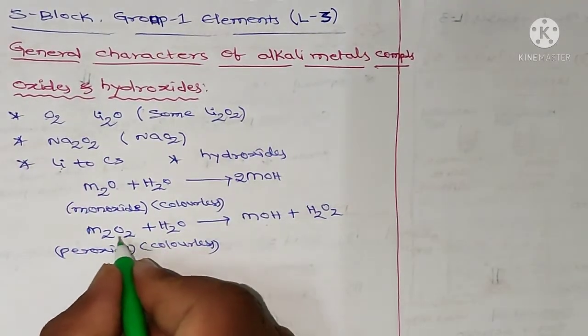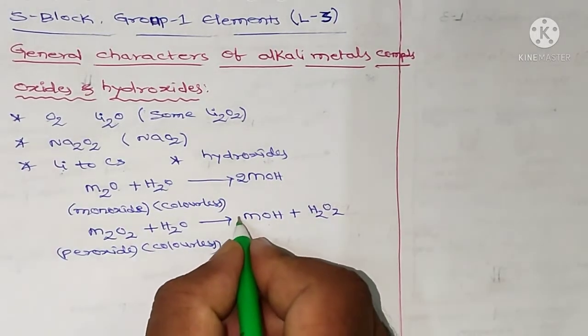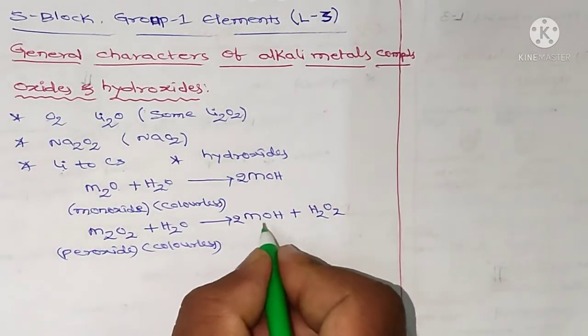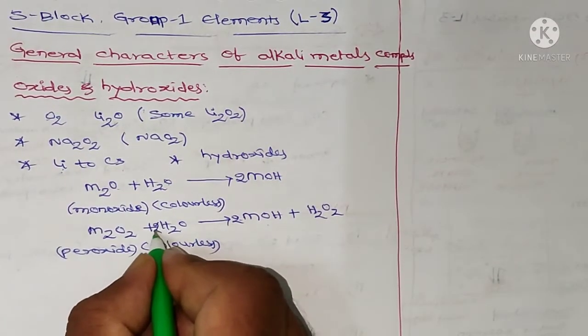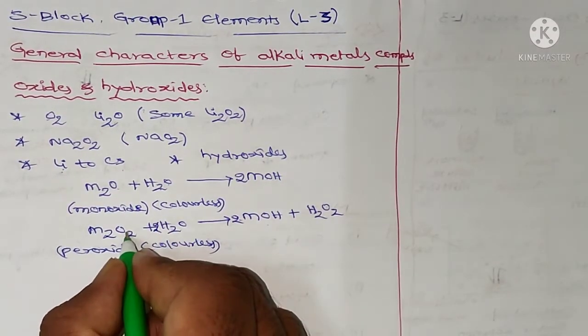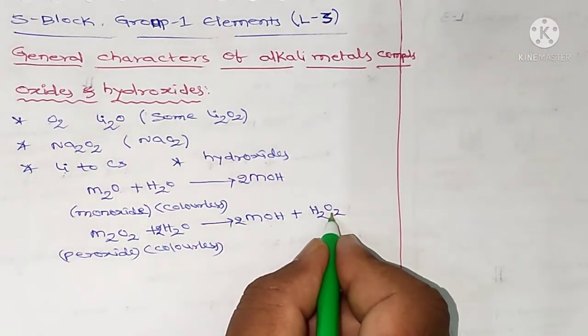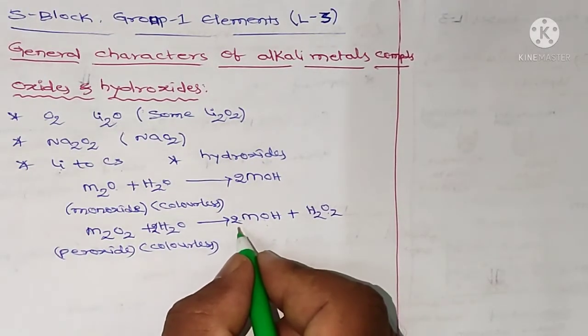Balancing the equation: two metals, so take 2, and hydrogens 2 plus 2 is 4, and oxygens 2 plus 2 is 4, with 2 and 2 on the other side. So it is a balanced equation.